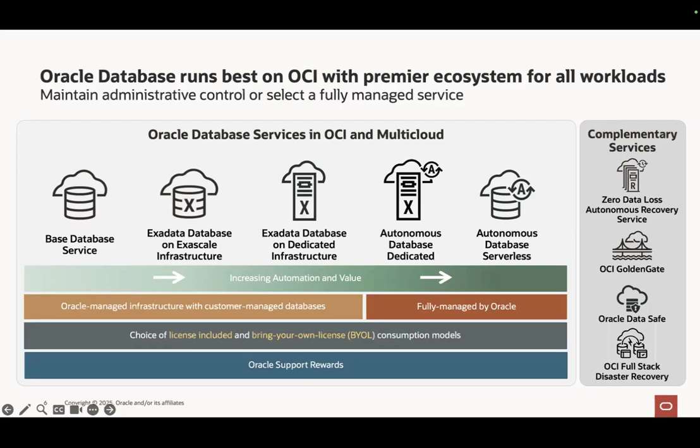Both base database service and Exadata database service are co-managed services in which Oracle manages the infrastructure and you manage the customer VM hosting the database software. And all of the Oracle Database Cloud Services provide you with a robust set of cloud automation tools that you can use to perform VM and database lifecycle management tasks.